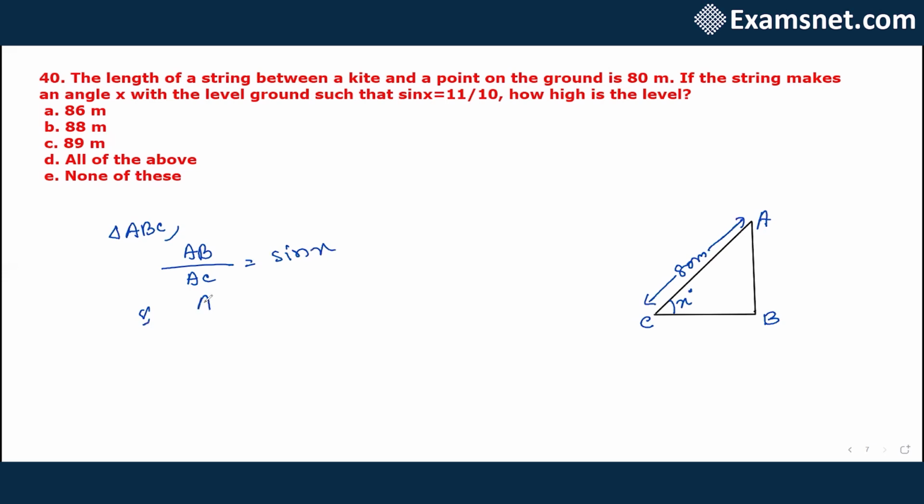Let's put all those values. AB by 80 equals 11 by 10, the given value of sine x. So here we can write AB equals 8 multiplied by 11, which is 88 meters. So the height of the kite above the ground is 88 meter. Option B is the correct answer.